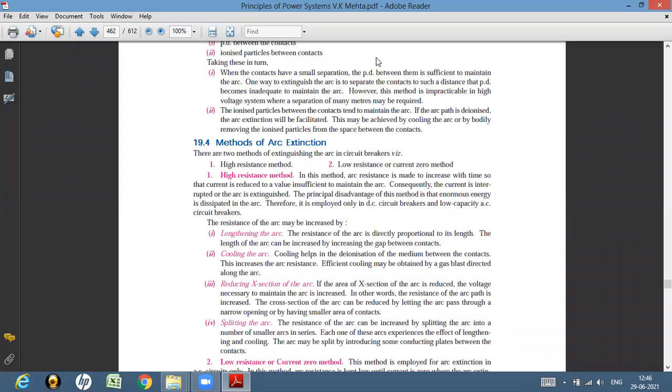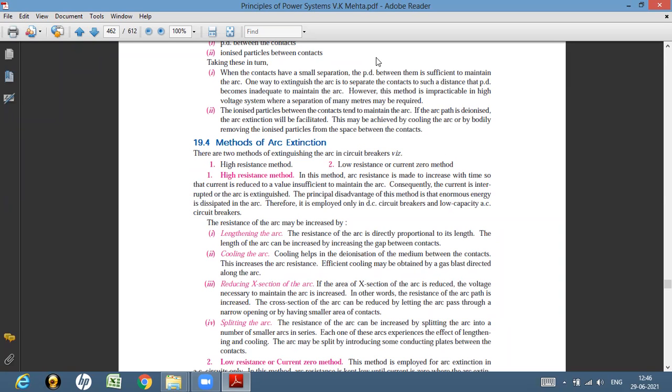When you increase the distance between the moving contact and the fixed contact, obviously the arc length will increase, and when there is an increase in the arc length, your resistance will also increase. This is the number one method by virtue of which you can increase the resistance, and with the increase in the resistance, the arc will be extinguished.